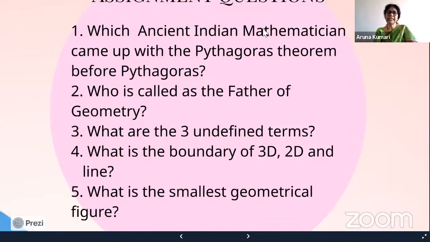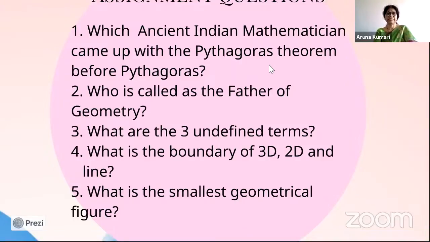So the ancient Indian mathematician is Baudhayana. He came up with the same theorem before Pythagoras. So who is that ancient Indian mathematician? It's nothing but Baudhayana.